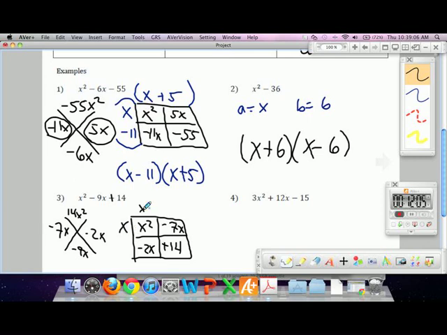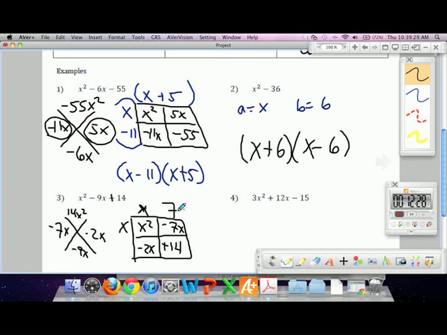What's in common between negative 7x and 14? 7. What's in common between negative 2x and x squared? Oh, excuse me, we already did that one. Negative 2x and 14.